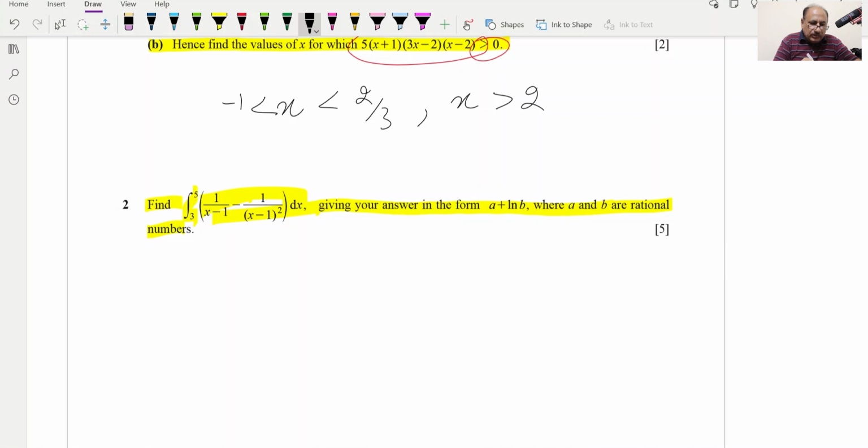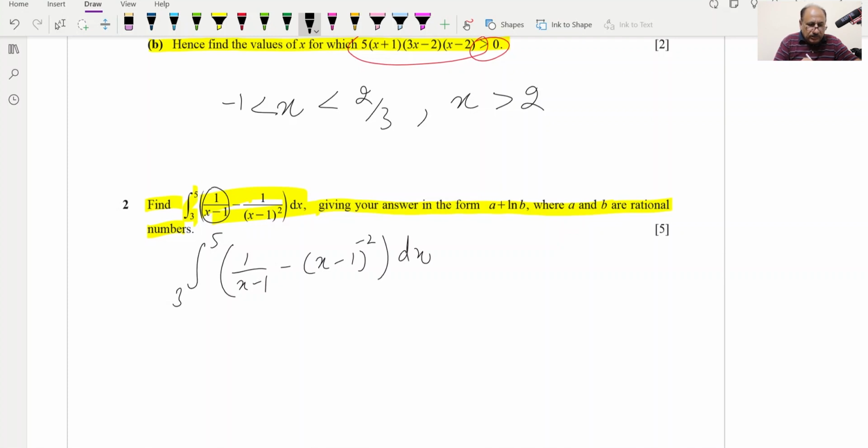So we can take the integral of 1 over x minus 1, which will be log of x minus 1. We can integrate this, and minus the integral of this one, we can write another step: integral from 3 to 5, in brackets 1 over x minus 1 minus this one, which we can shift to the numerator, so x minus 1 raised to power minus 2 dx.